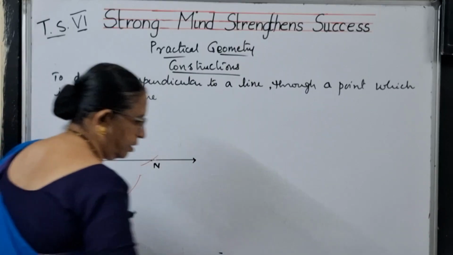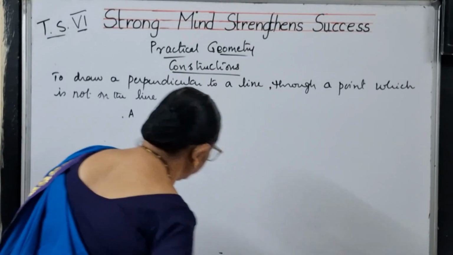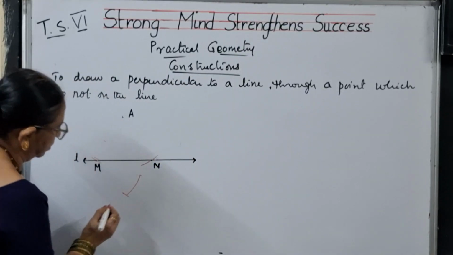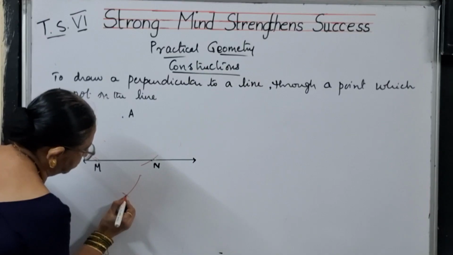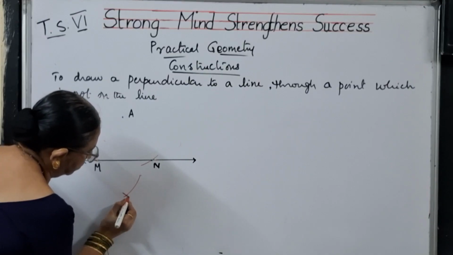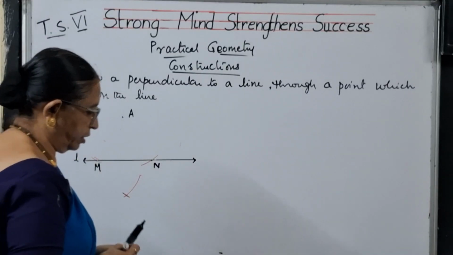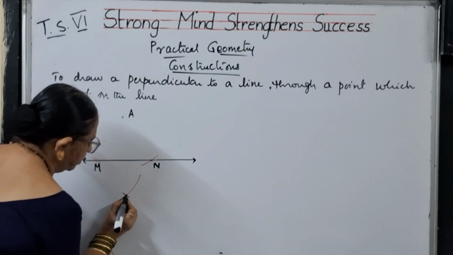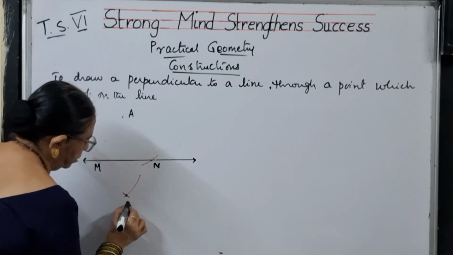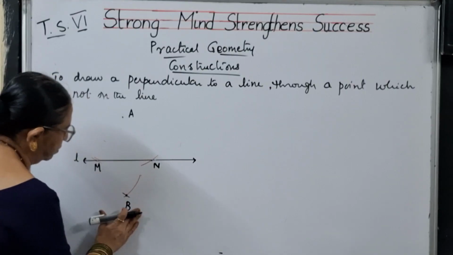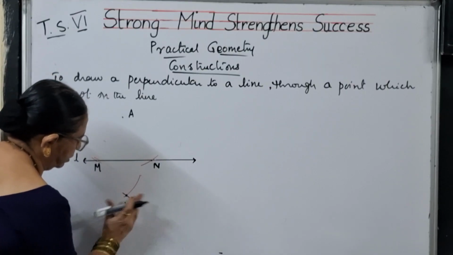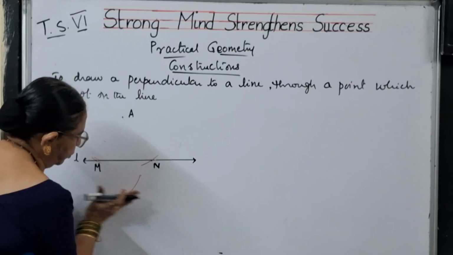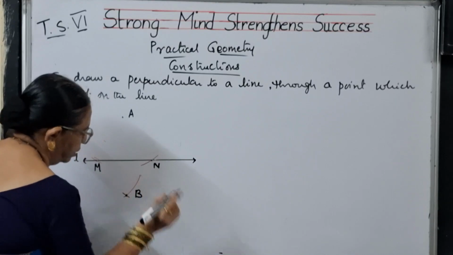The two arcs are like this. These two arcs are intersecting at one point. This is the point where the two arcs are intersecting. Let us call this B.